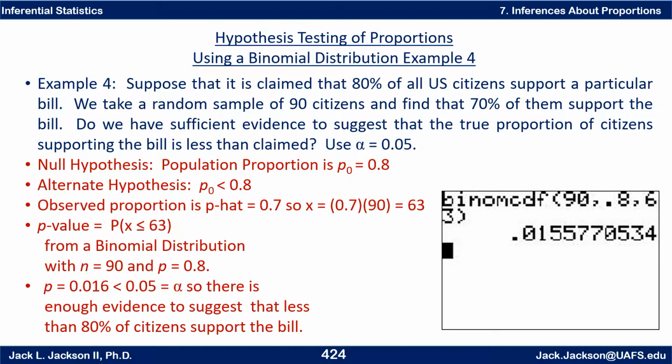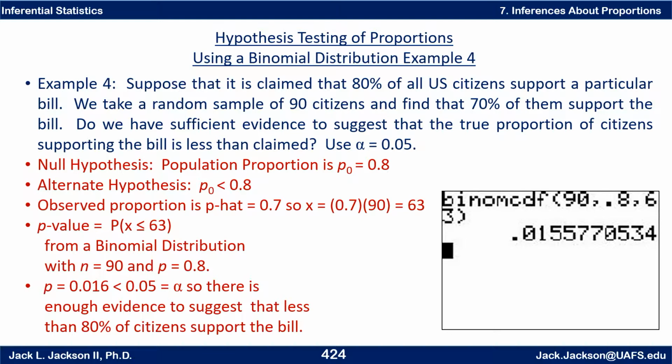Whereas a binomial CDF on the TI-83 or 84, you always just give it the upper, and the lower is always 0, or always however far it will go to the left. So anyway, we get a p-value from our binomial distribution of 0.016.